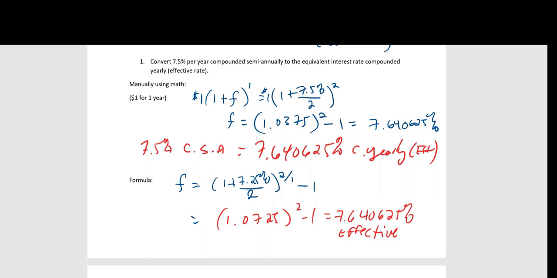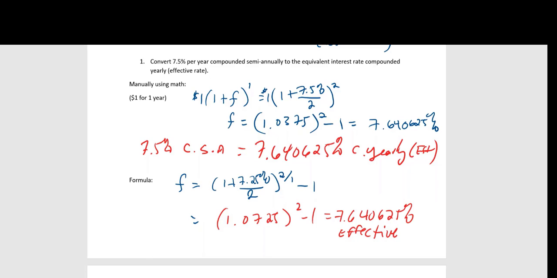So we invest $1 times (1 plus F) to the power of 1 for 1 year, which is equal to $1 times (1 plus 7.5% divided by 2), because it's 7.5% compounded semi-annually, to the exponent 2, since there are 2 semi-annual periods in 1 year.